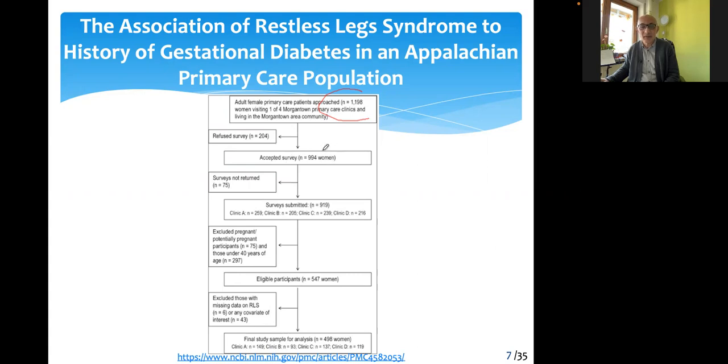Without sampling, they invited all, but some refused. Then they distributed some questionnaires, some were returned, some not, etc. At the end, they could analyze a sample of 498. So this study design gives a picture of this group of people at a given time point.